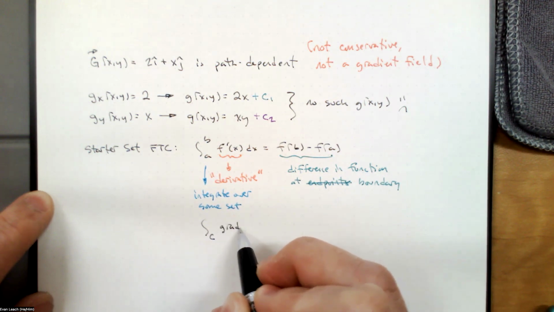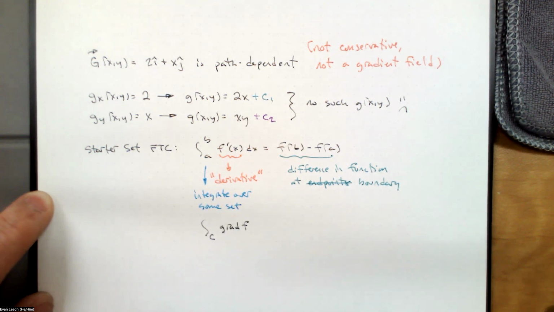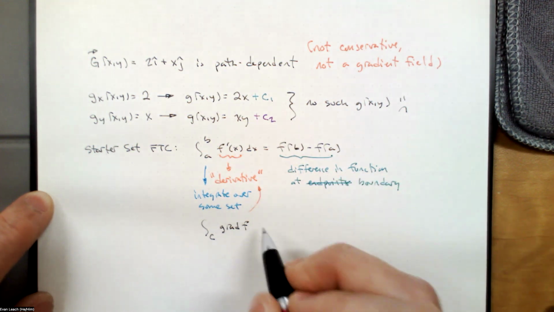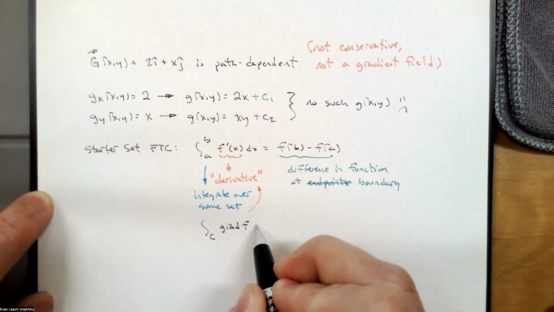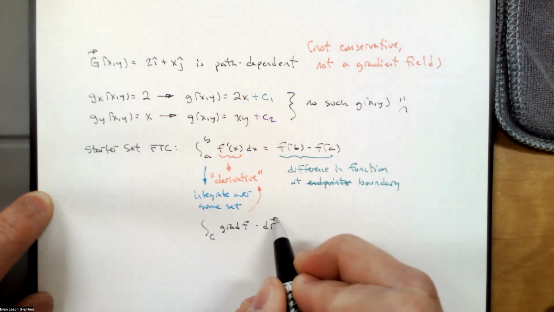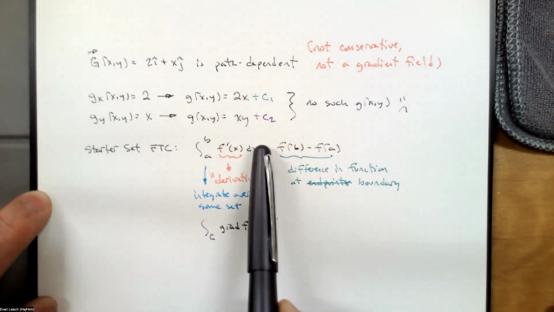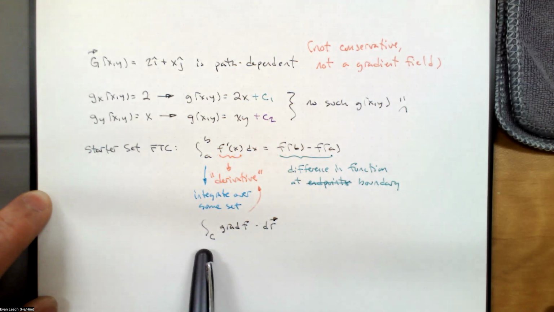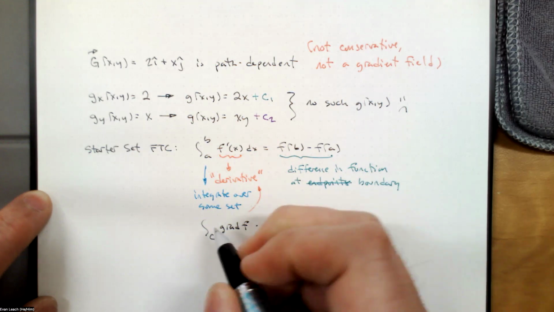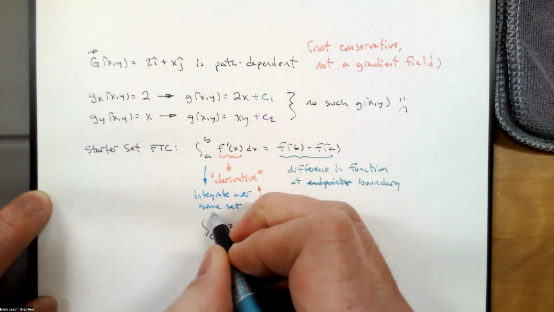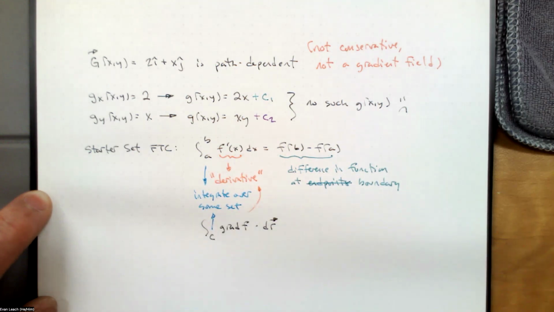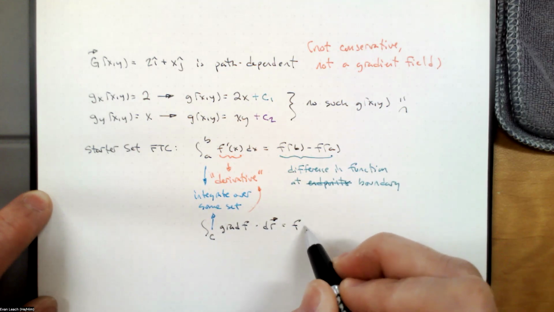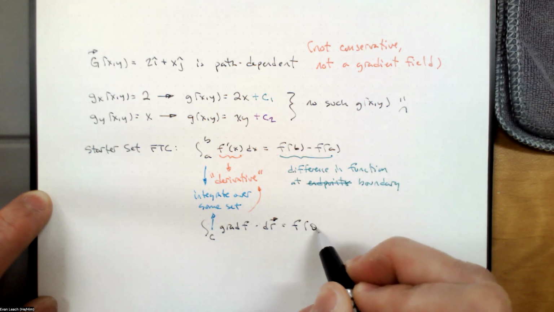The gradient of some function is like the derivative. The dx is some small piece of this set, just like dr is some small piece of our curve. And we're just looking at the function at the boundary.